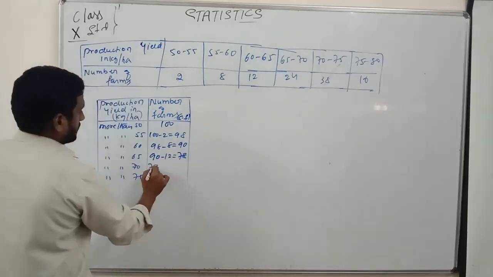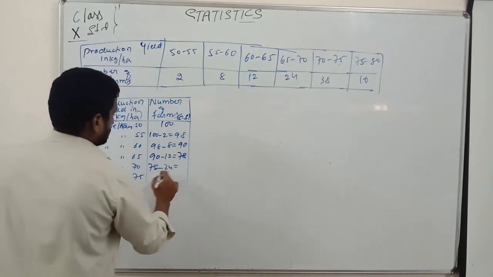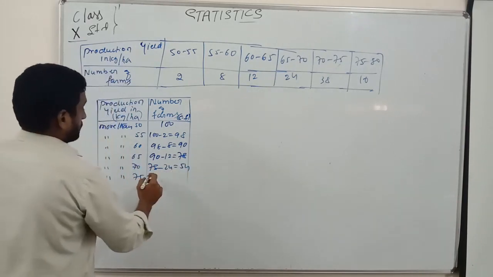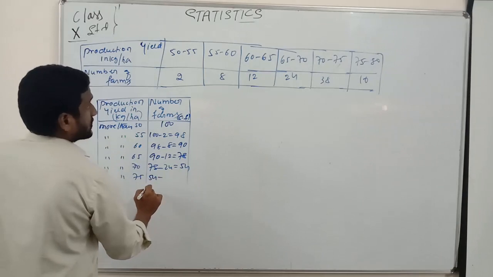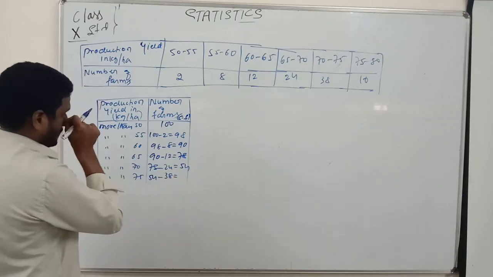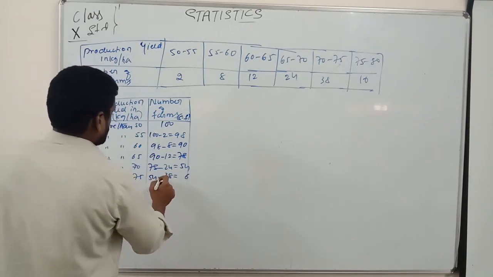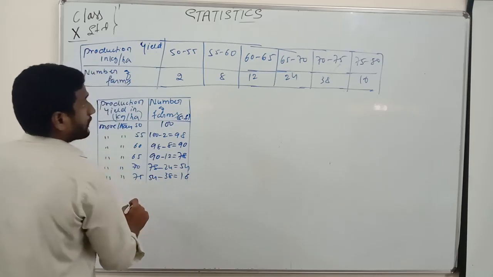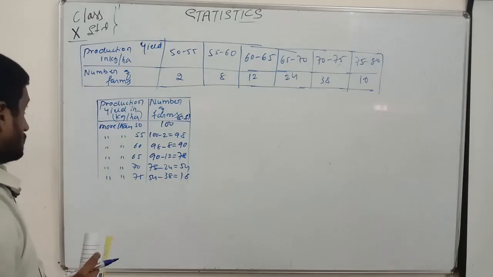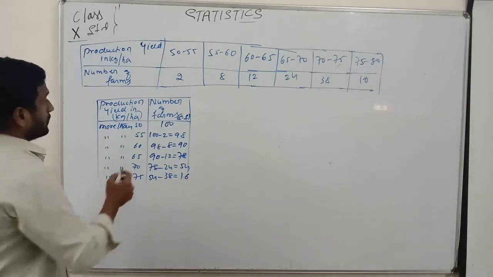Again 78 minus 24, that is 54. Again 54 minus 38, that is 16. So this is what we get here, and then 100.